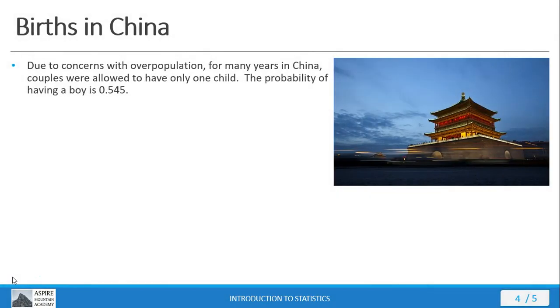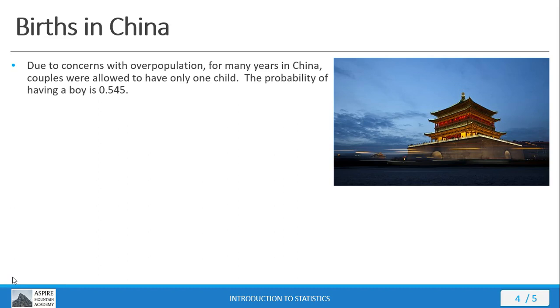Let's look at one more example, talking about births in China. Now, for many years, China had a policy that each couple could only have one child. And because traditional Chinese culture prizes male children over female children, you saw a lot of parents killing off their daughters because they wanted a son for their one child instead of a daughter.